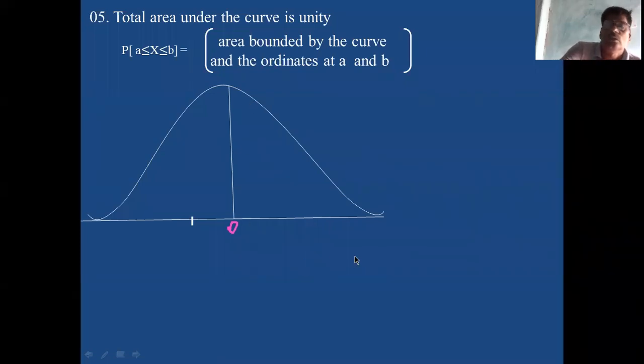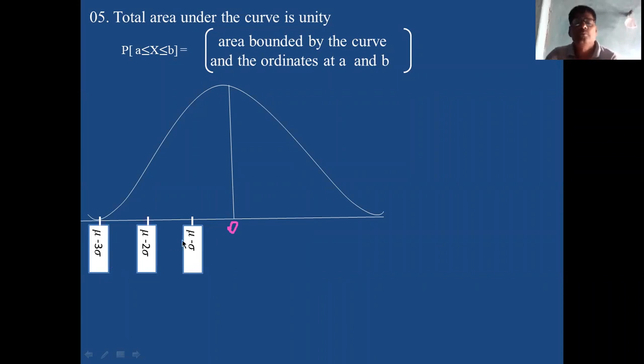Okay, you see this curve, and left hand side there are 3 parts. The first part is mean minus standard deviation. The second value is mean minus 2 standard deviation. And the third value is mean minus 3 standard deviation.